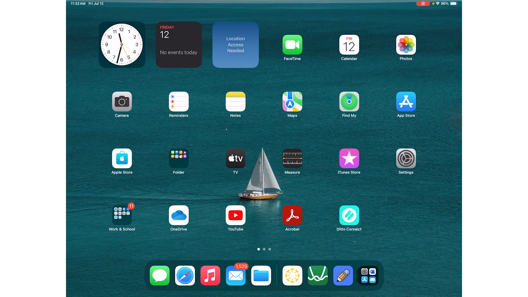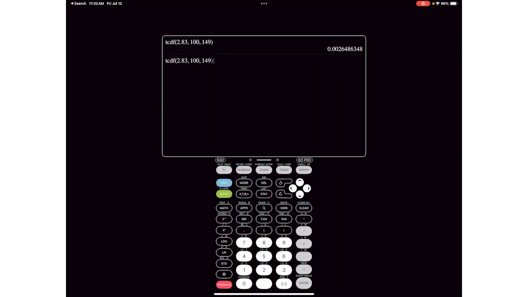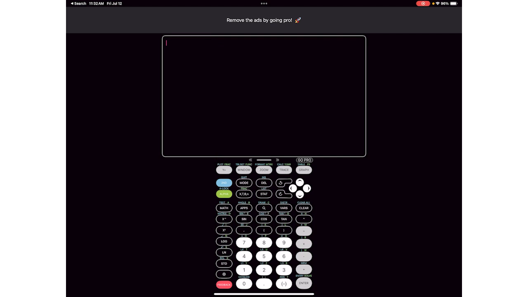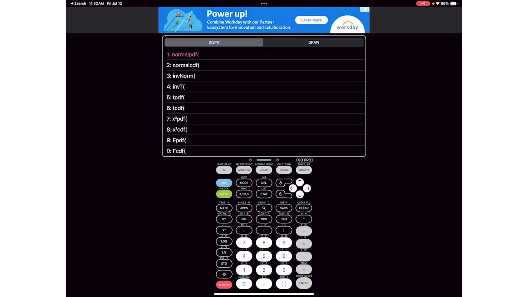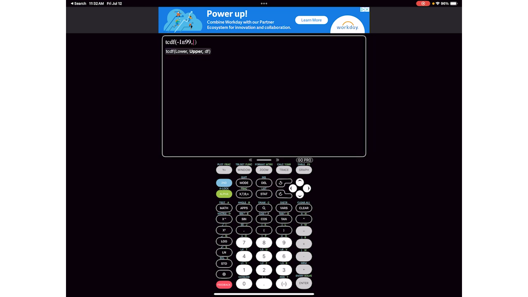Okay, so let me pull up the calculator so you all can see here. So second vars, number 6. And I'm going to delete that.